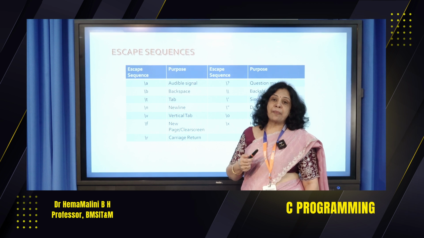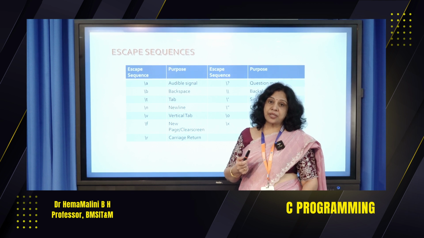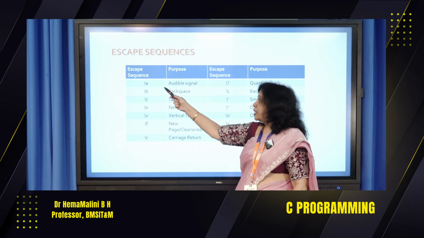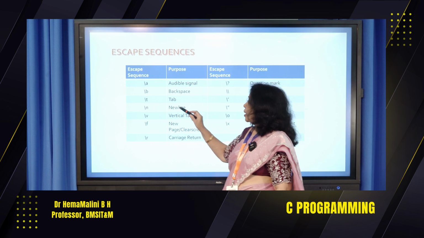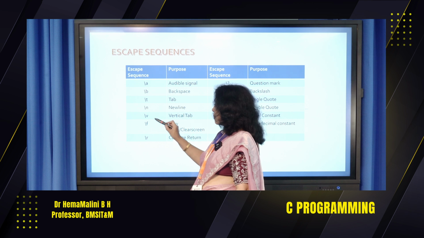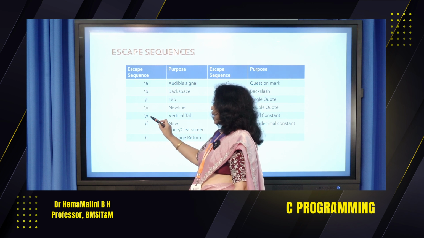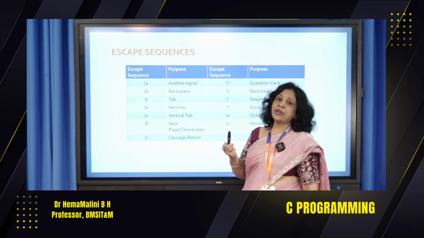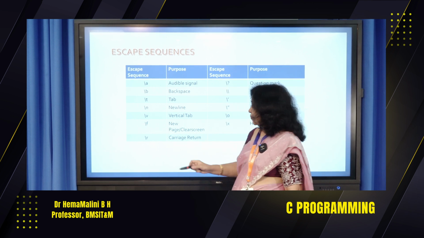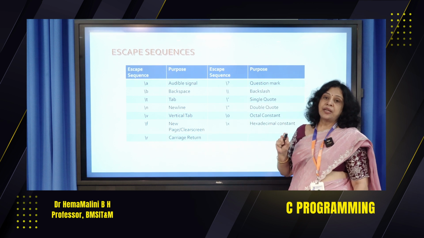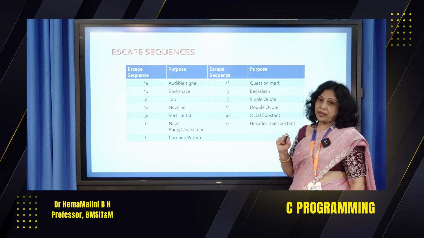Whenever the compiler encounters a bug or something, we want to terminate the particular code, then we can insert \a. \b is backspace, \t is a tab, \n is a new line, \v is a vertical tab, \f is new page, or we call it a form feed. \r is carriage return, \? is question mark. So this is a wild character.